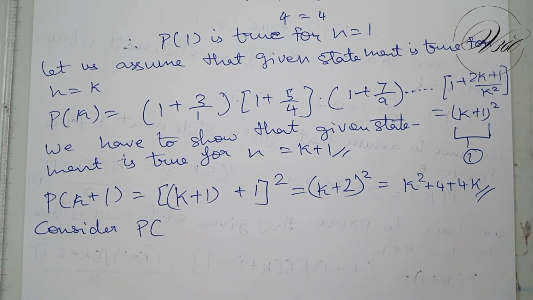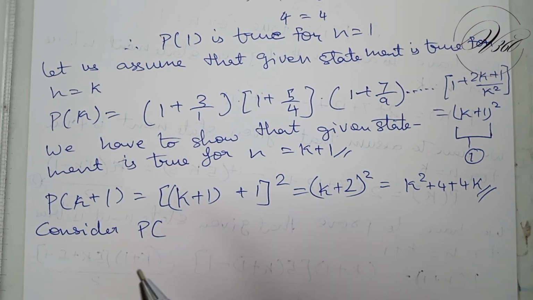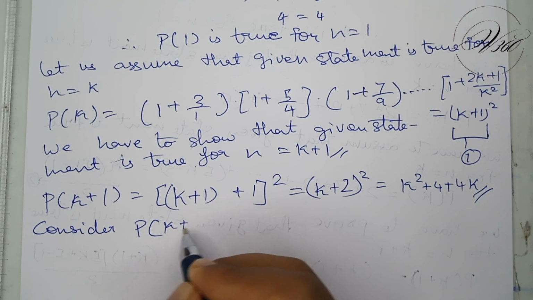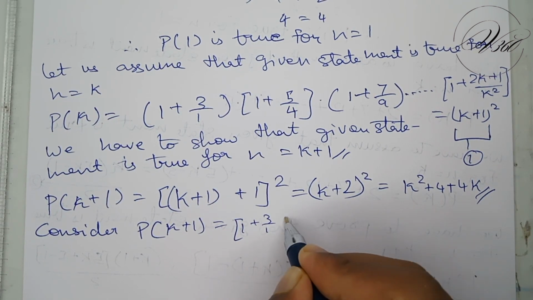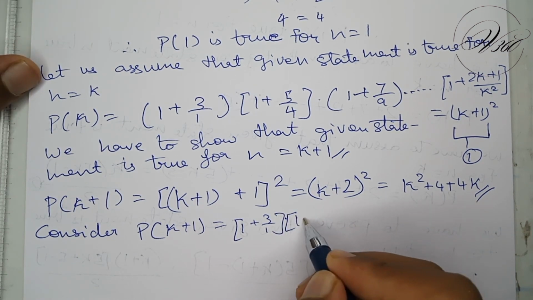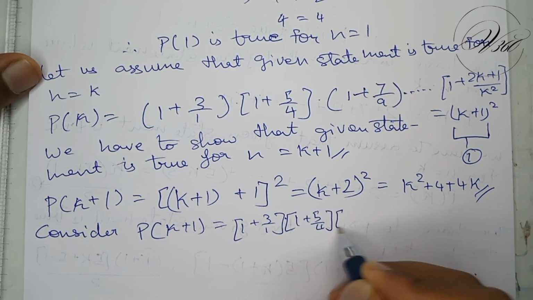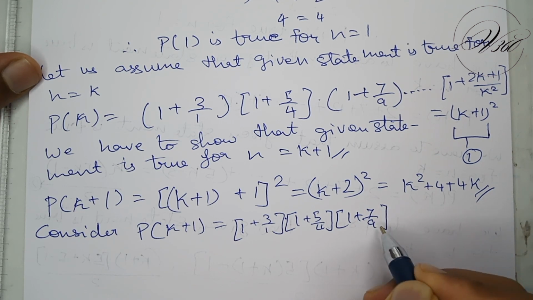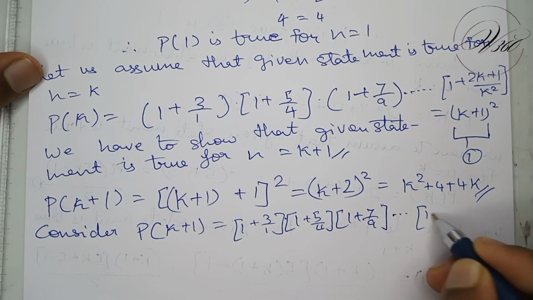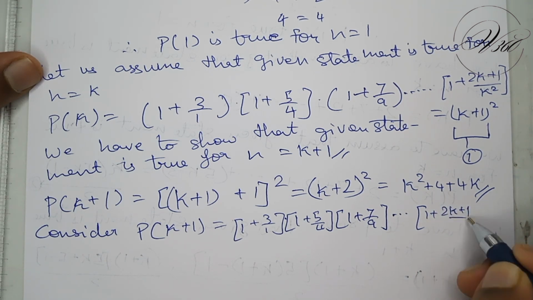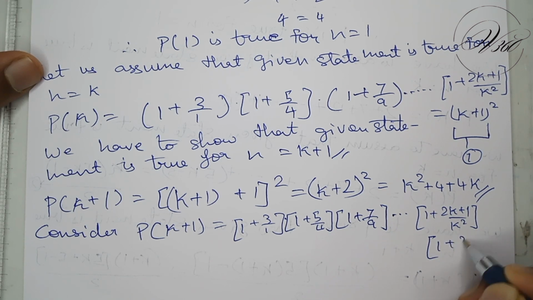Okay, now here we will consider P(k plus 1) is equal to (1 plus 3/1)(1 plus 5/4)(1 plus 7/9) up to (1 plus (2k plus 1)/k square) and into (1 plus (2(k plus 1) plus 1)/(k plus 1) whole square).